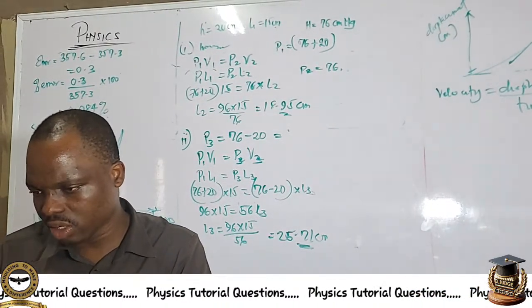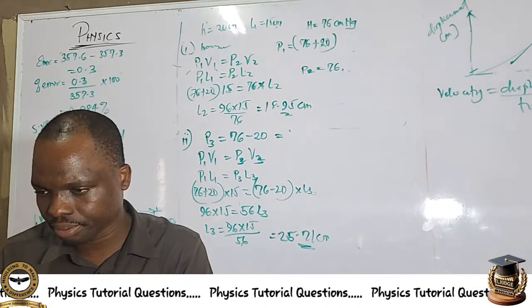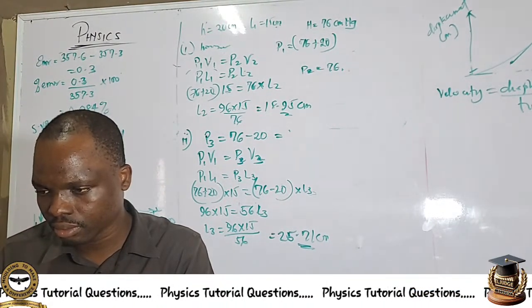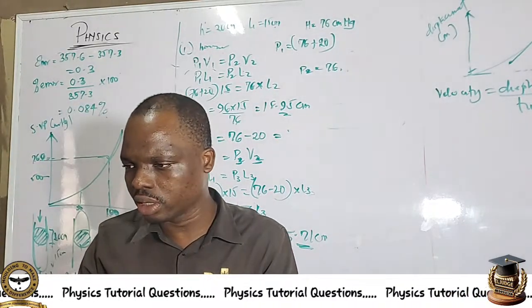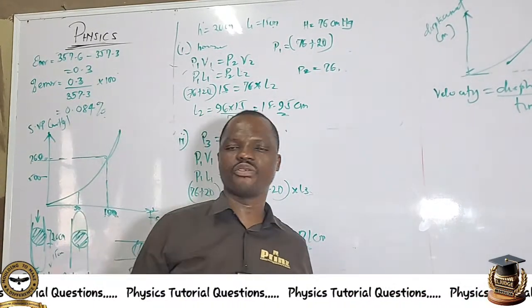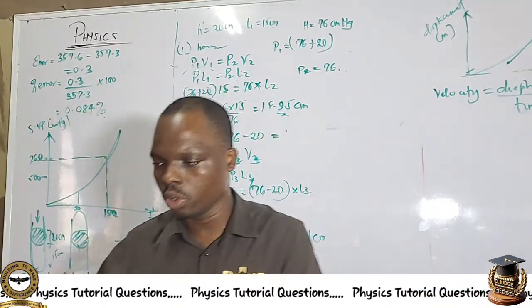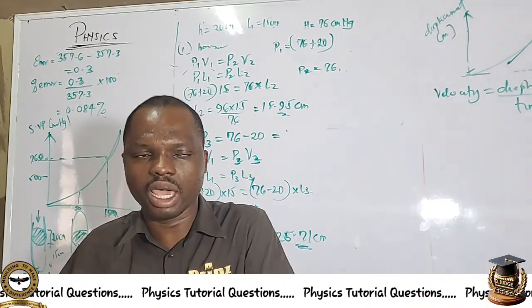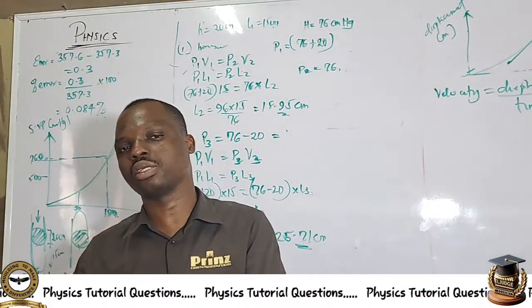Now, let's look at a question. Dew point. What is dew point? Dew point is the temperature at which the water vapor or moisture present in the atmosphere or air is just enough to saturate it.